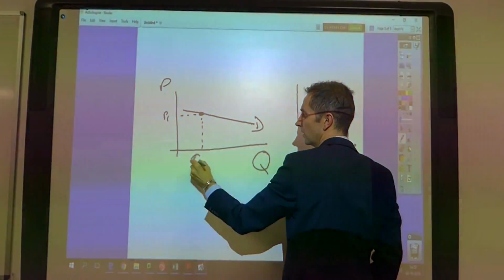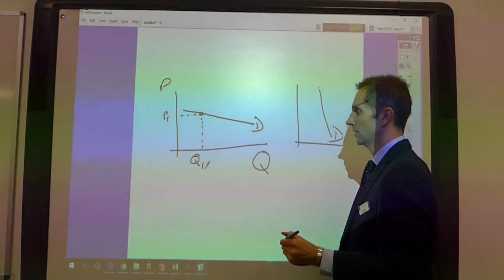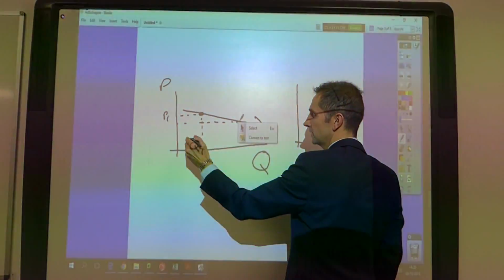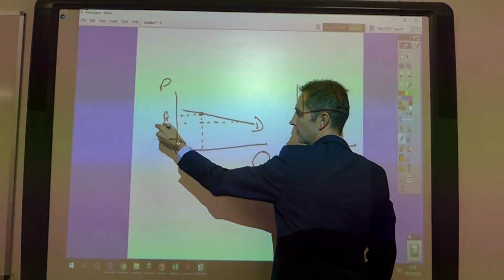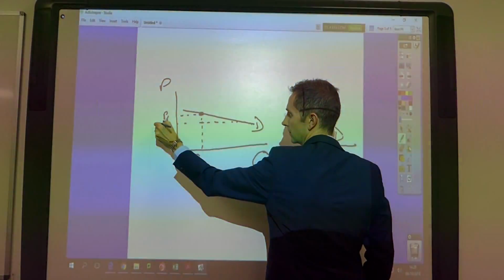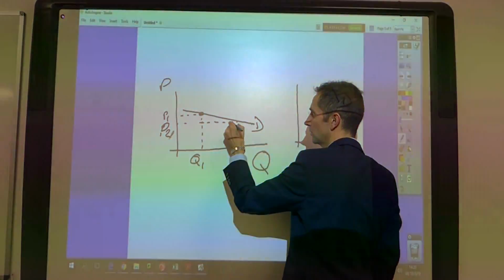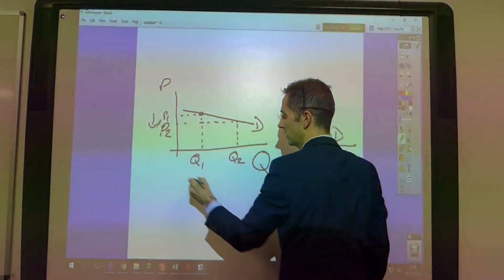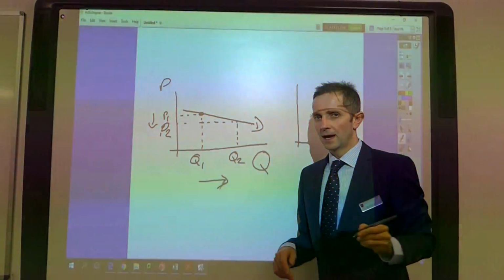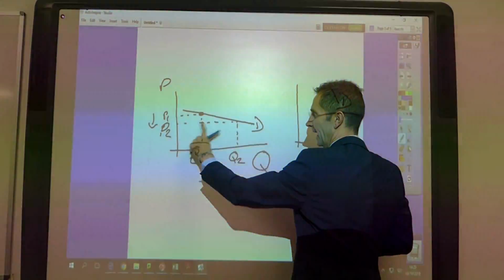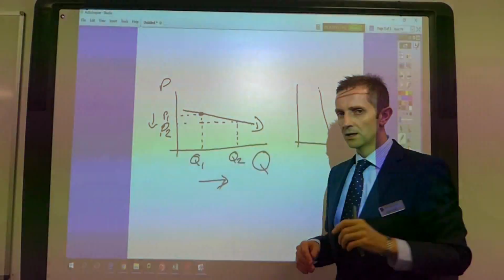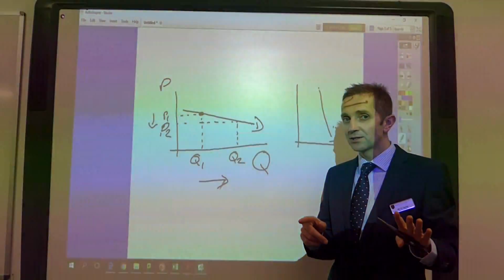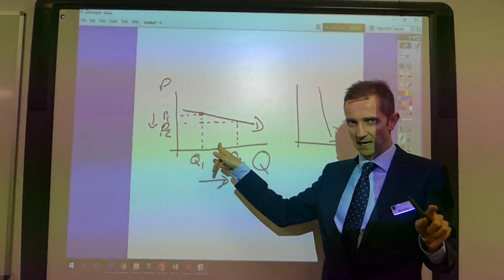So P1, Q1, price falls to P2, that's Q2, so that's gone up, and as you know, total revenue is this area, P2, Q2, so price falls, revenue goes up, that's inverse. So that would suggest to me, ladies and gentlemen, that this is the answer, elastic.